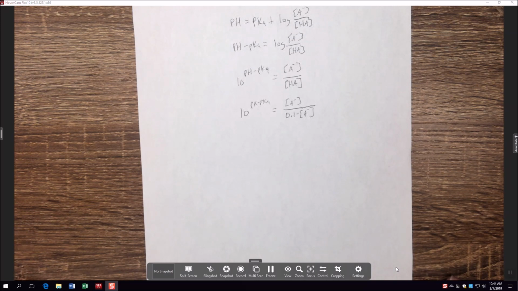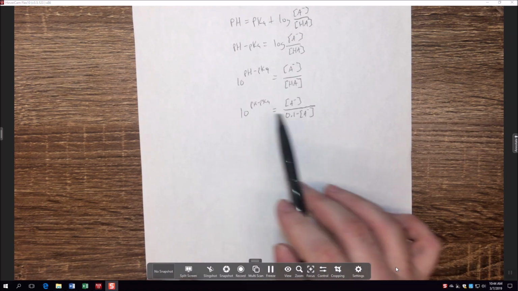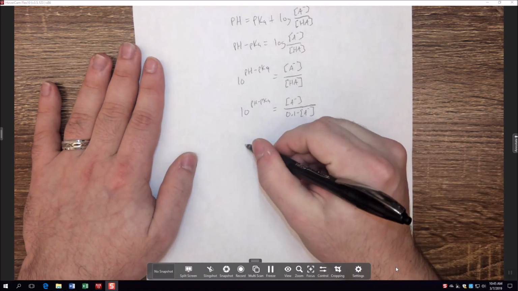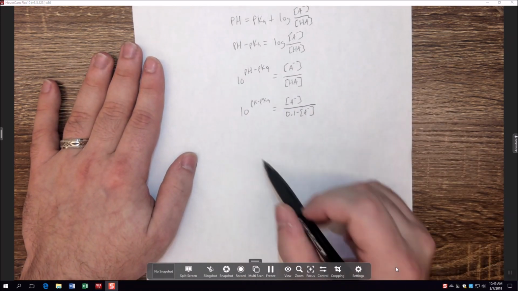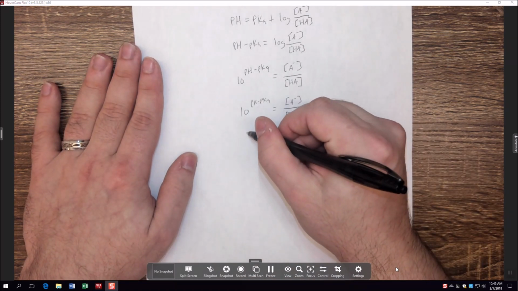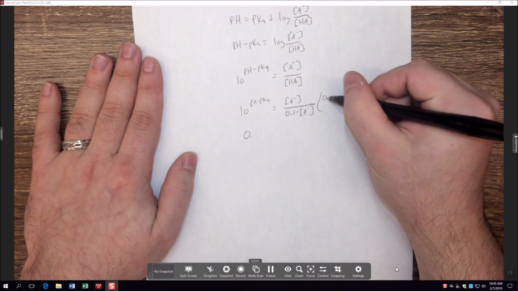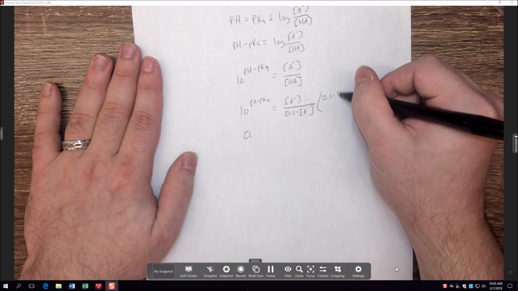What we need to do first is multiply both sides of the equation by 0.1 minus A minus. So we have 10 to the pH minus the pKa multiplied by that value on both sides.